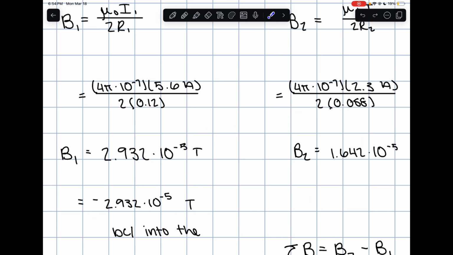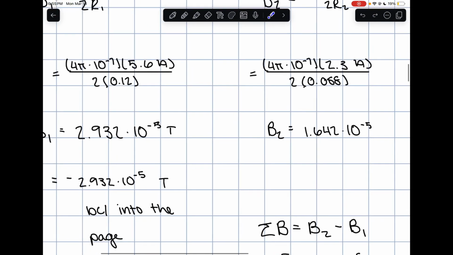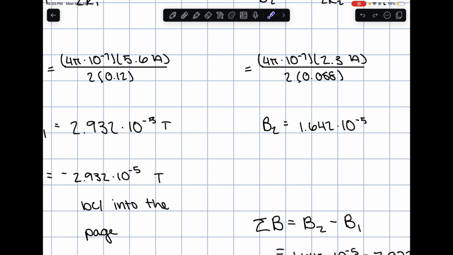And usually for standard coordinate axes, into the page is the negative z direction and out of the page is the positive z direction. So then, for the net B, we have B2 minus B1, taking into account this negative.